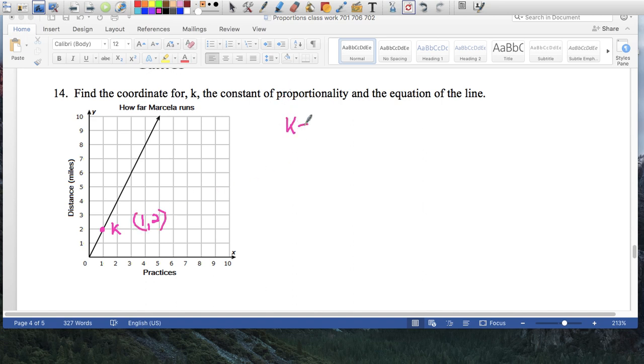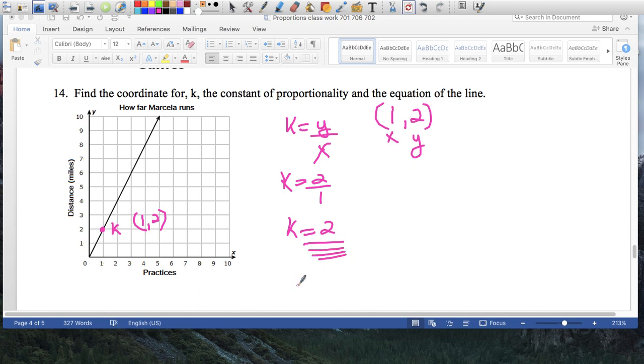Just to prove it to you, k equals y over x. If we substitute, the y is 2, so let me write the point here. This is x and this is y, so 2 over 1, and 2 over 1 is the same thing as 2, and that's the constant of proportionality.